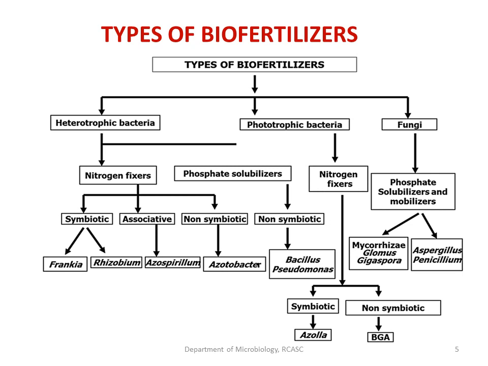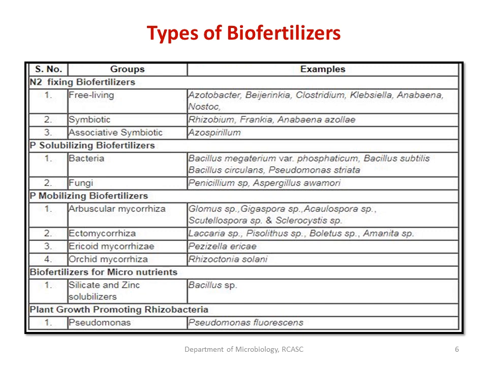So this is about the types of biofertilizers. Now let us study about the types of biofertilizers. In my previous slide we studied the classification of biofertilizers based on the kind of microorganism we are going to use, bacterial, blue-green algal or fungal biofertilizers.